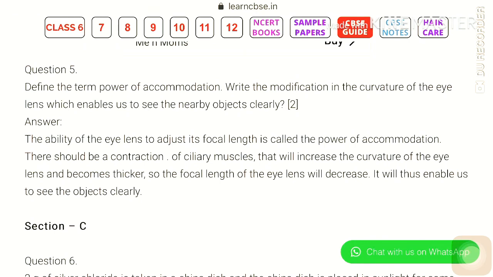This means the ciliary muscles in your eyes get contracted. When they contract, the curvature of the eye lens increases and it becomes thicker. When it becomes thicker, you will be able to see the object very clearly, and the focal length of the eye lens will be decreased. So this is the reason we can see the objects clearly.